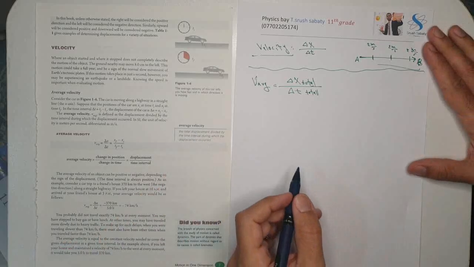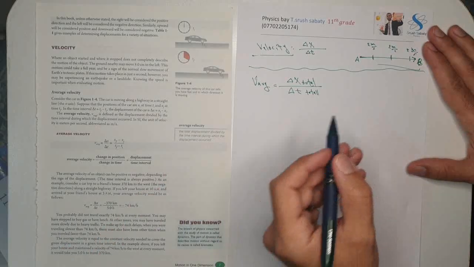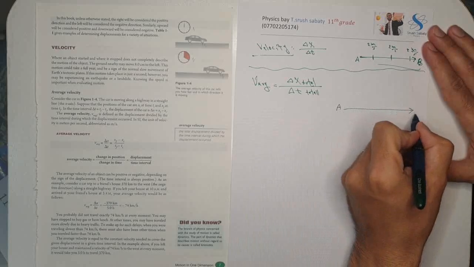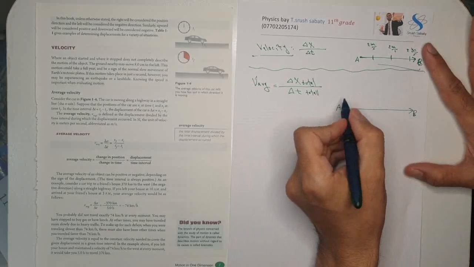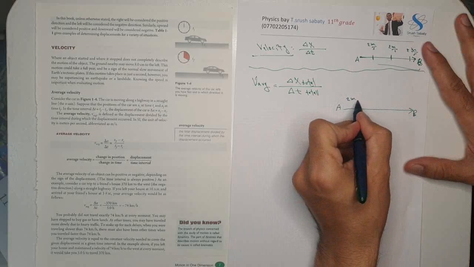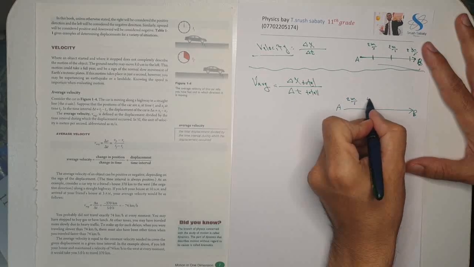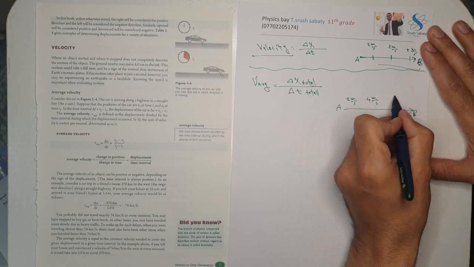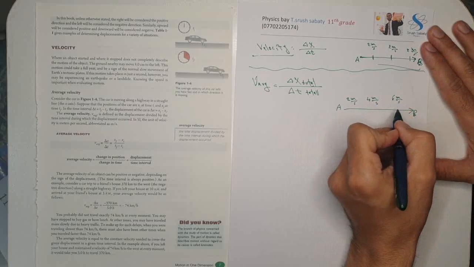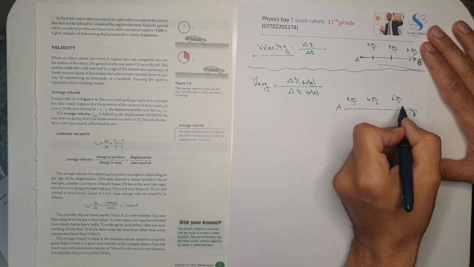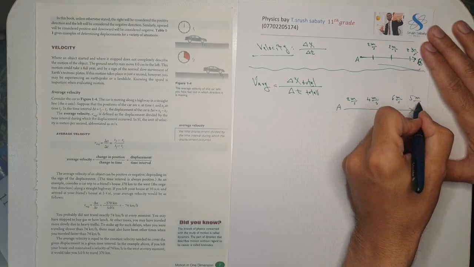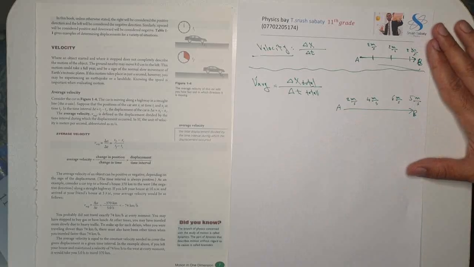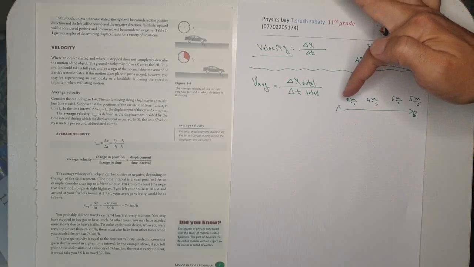Let me explain it for you. For example, an object moves from A to B, but its velocity may be 2 meters per second, and 4 meters per second, and 6 meters per second, and 5 meters per second. This is a changeable velocity at every point.